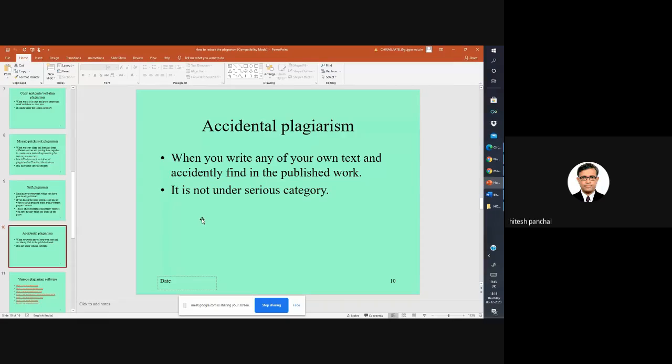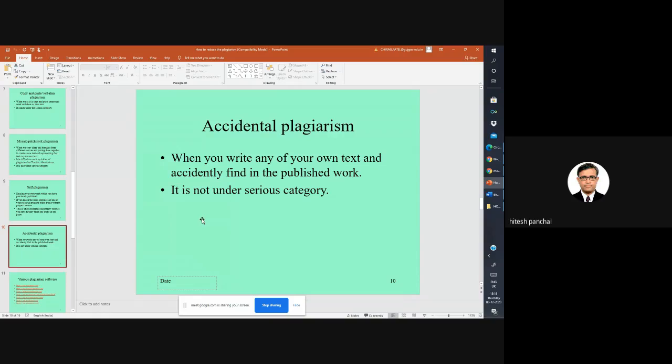So it is called accidental plagiarism, but it does not come under a serious category like the others. So what is accidental plagiarism? When you write any of your own text and accidentally find it in published work, that is also called plagiarism, but it is called accidental plagiarism. And this accidental plagiarism is not in the serious category.